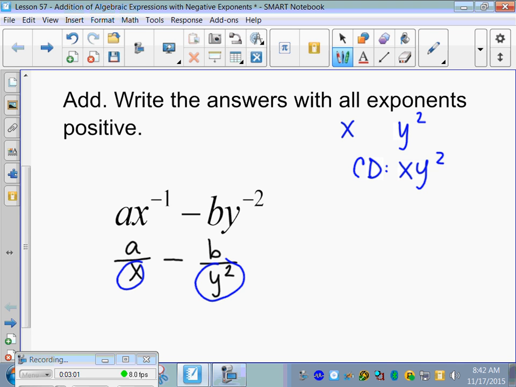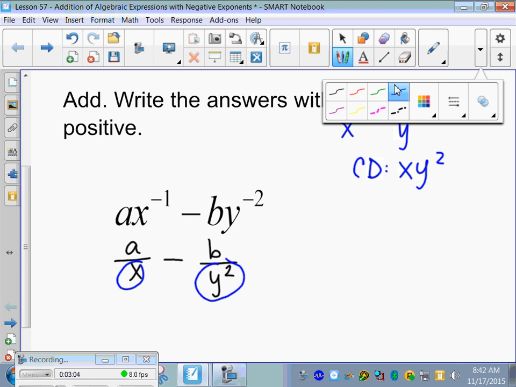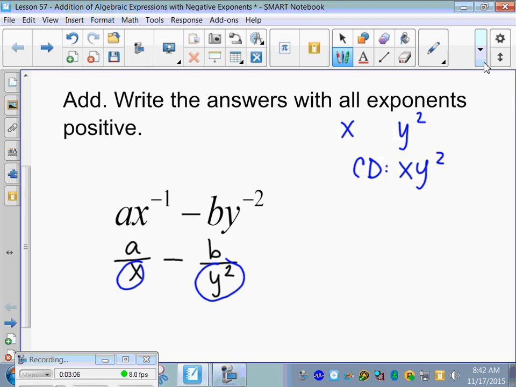So now I have to go onto each piece, and I have to multiply each piece by something to get my common denominator on there. So on this first piece, a over x, I want my denominator to be xy squared, so I need to multiply this one by y squared over y squared. Multiplying by 1, we always have to multiply the top and the bottom by the same thing.